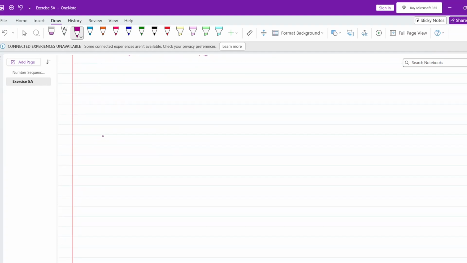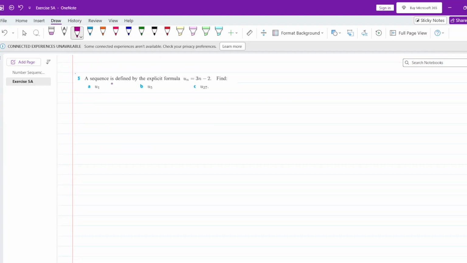Let's go to the next question. A sequence is defined by the explicit formula shown. Find u1, u5 and u25. So u1 is going to be 3 times 1 minus 2.